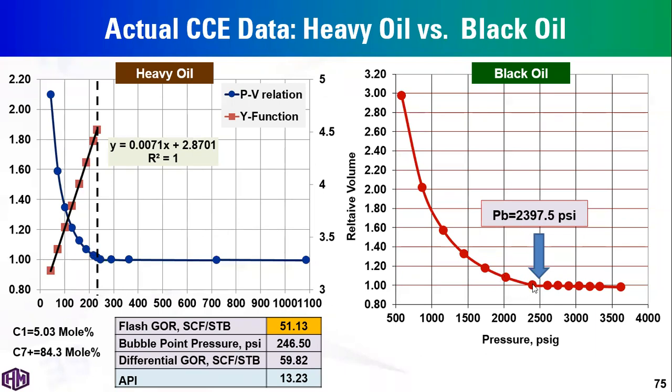But for the black oil, the bubble point may not be clearly identified due to the expansion of oil above the saturation pressure due to the high amount of solution gas.